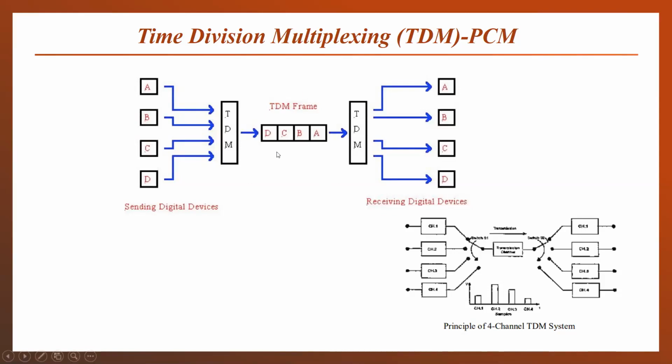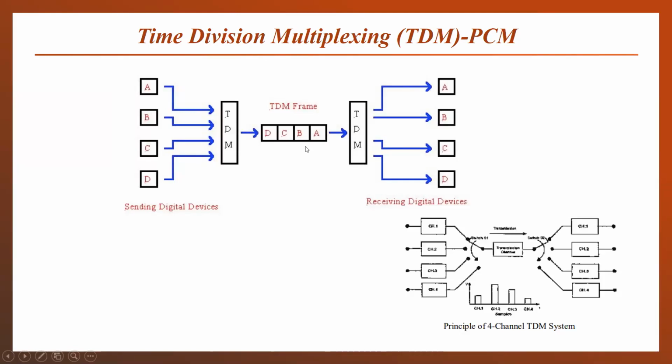One duration signal is called one TDM frame, and 4 equal slots will be provided, one to each channel. The first slot will be provided to the A transmitter, the second to the B transmitter, and similarly the TDM signal will be passed. At the receiving side, a demultiplexer will pick up the signal from a particular slot and then provide it to that particular receiver.